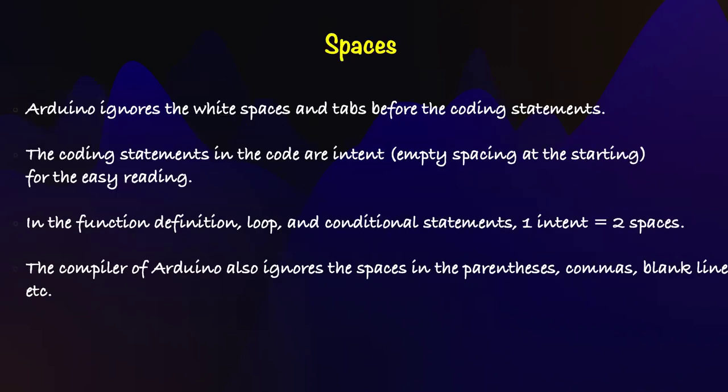Then comes spaces. Arduino ignores the white spaces and tabs before the coding statement is given. The coding statements in the code are indented for easy reading, that is, empty spacing at the start.